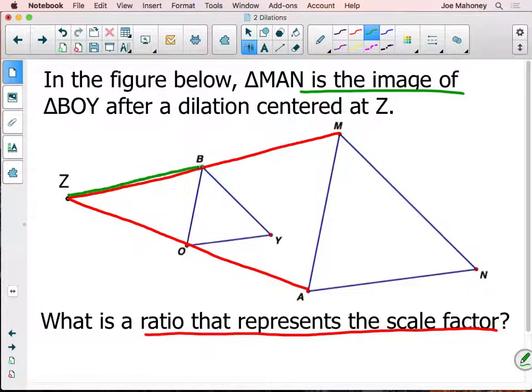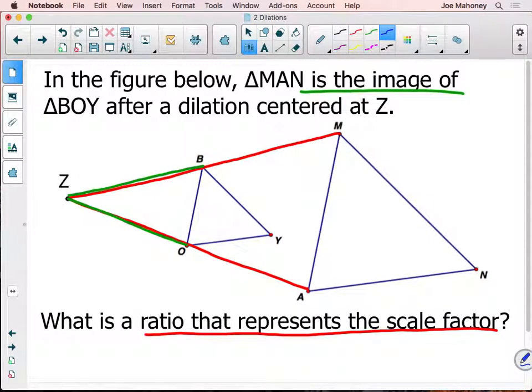Let me draw a couple other things too. So basically, since man is the image of boy, I'm taking the length of ZB and I'm going to multiply it by some number to get to ZM. I'm increasing the distance from Z to B and making it from Z to M. And I have the same argument from ZO, making it larger to go to ZA.